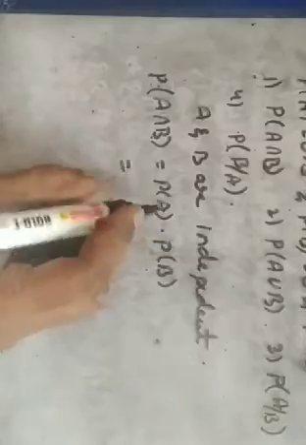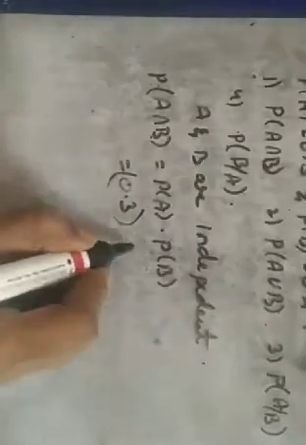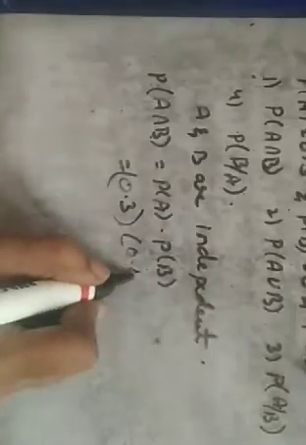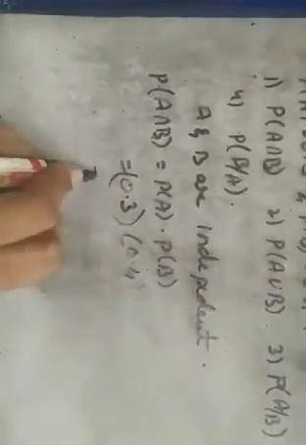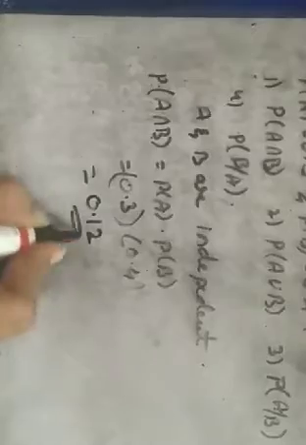So what is P of A? P of A is 0.3. What is P of B? P of B is 0.4, which is equal to 0.12.